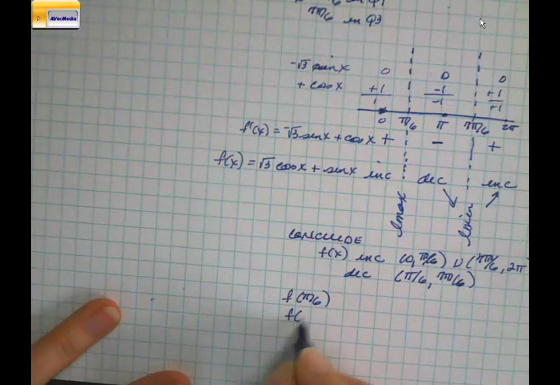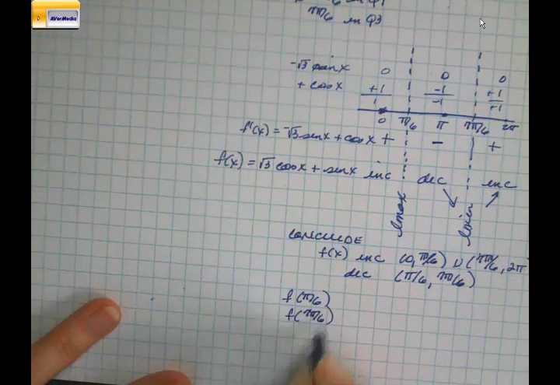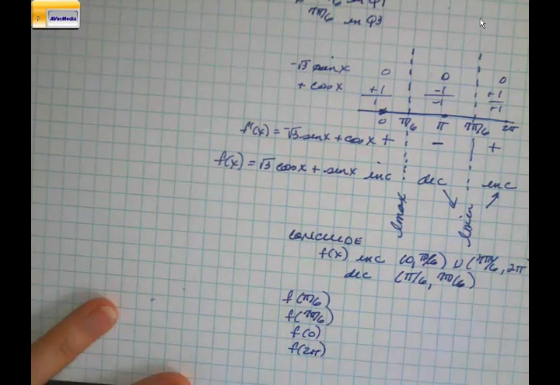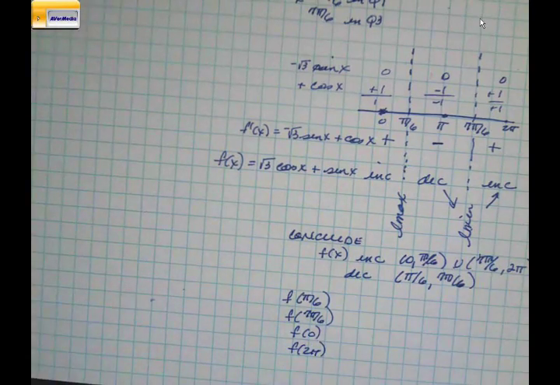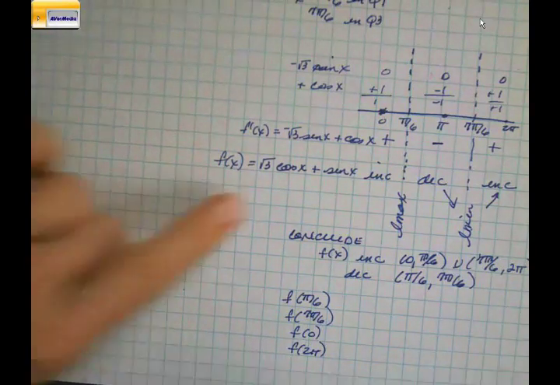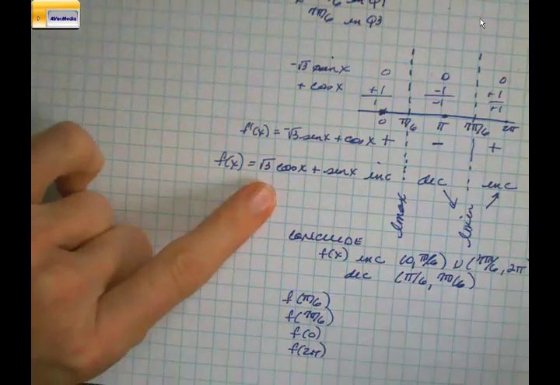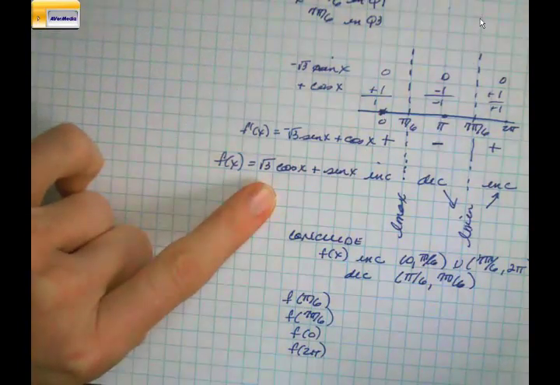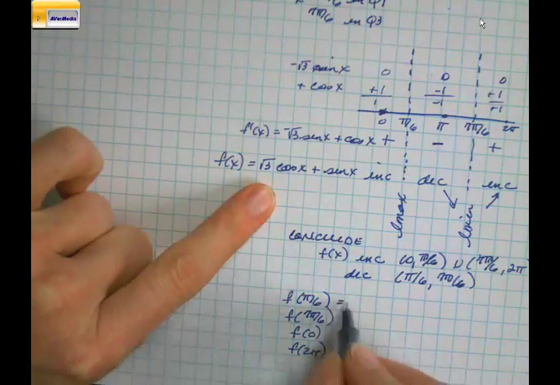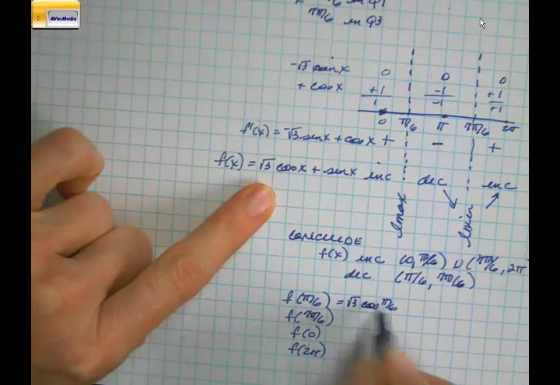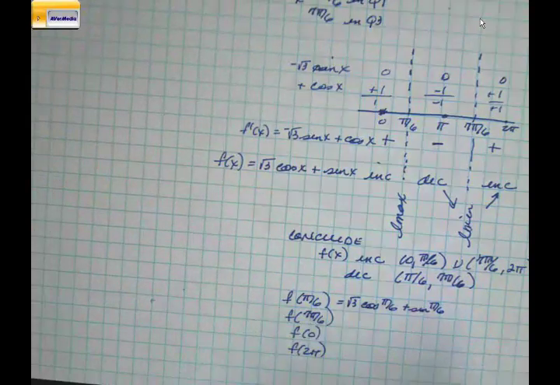So let's find f of pi/6, f of 7 pi/6, and then we better check the endpoints of 0 and 2 pi before we determine who's absolute and who's local. So remember, f of x is the square root of 3 cosine x plus sine x. So at pi/6, this is the square root of 3 times the cosine of pi/6 plus sine of pi/6.